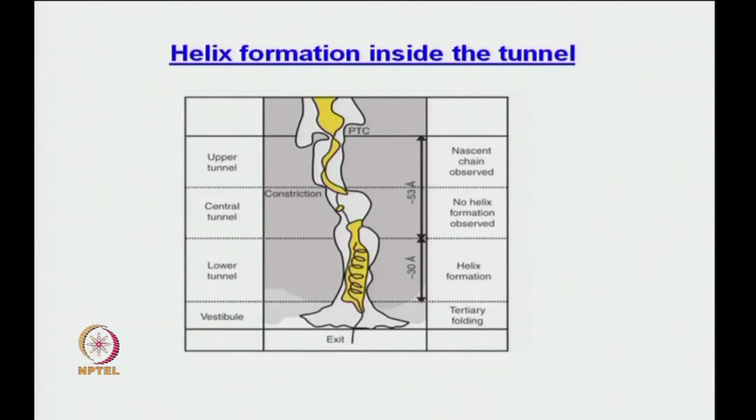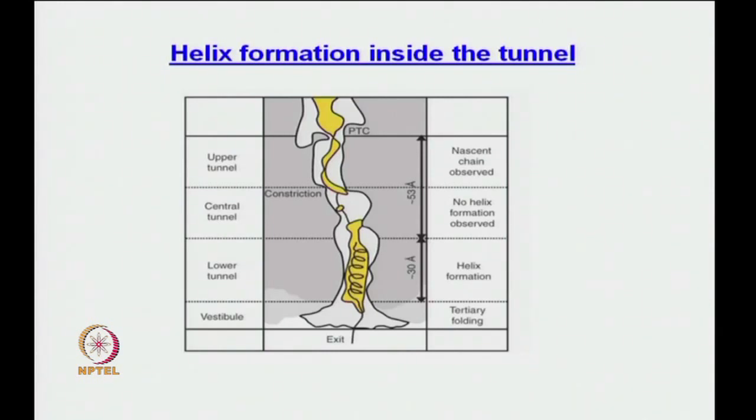And then it comes out to the exit site, which is a little bit wider, because that is where the tunnel ends. We also discussed the presence of the trigger factor, which was a chaperone, and this trigger factor made sure that the amino acids coming out were well protected from having bad interactions with the surrounding environment.